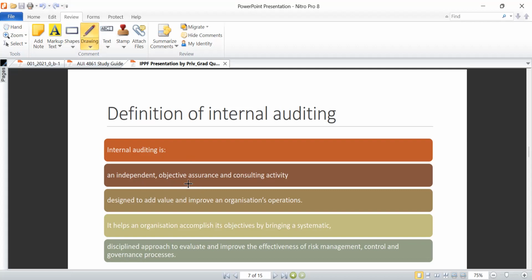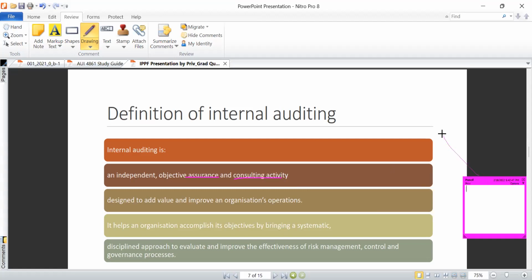I just want you to mark those two words right there. There is a reason why I'm marking those two words, because there's a difference between an assurance activity and a consulting activity. All right. There's a difference between the two. So sometimes in the assignment, they can just ask you to distinguish between assurance and consulting activity.